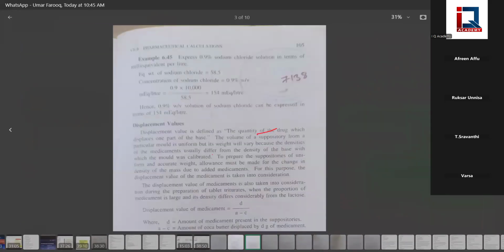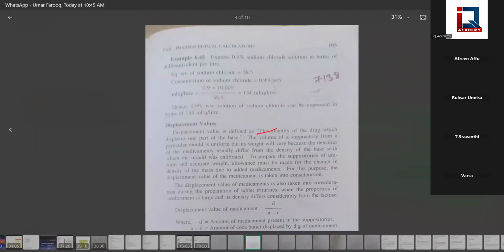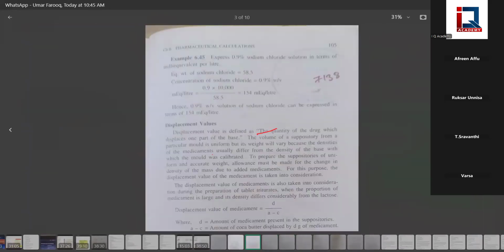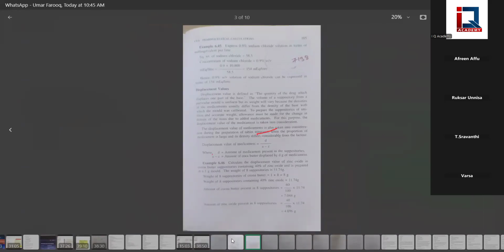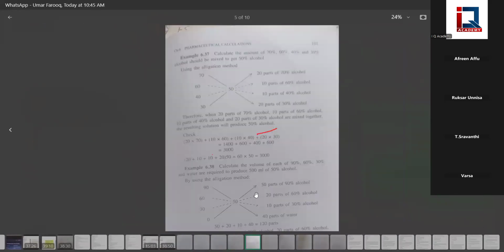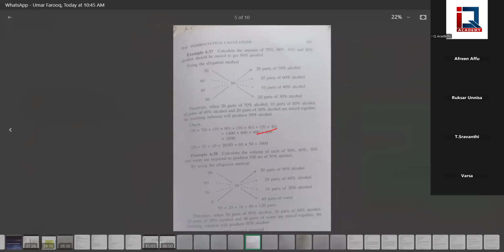Okay, so this is the alligation method. In the next class we'll discuss proof spirit calculation and displacement value calculations. I hope you understood this calculation part. So we have seen the alligation method, then we have seen isotonic calculation in today's class.